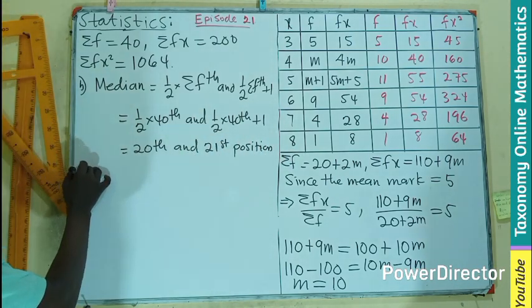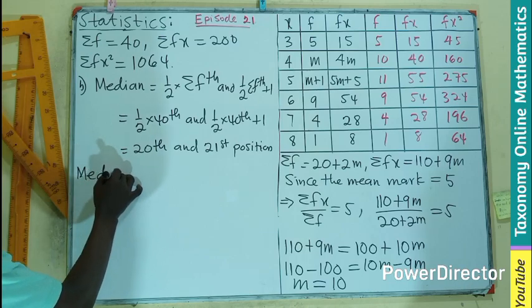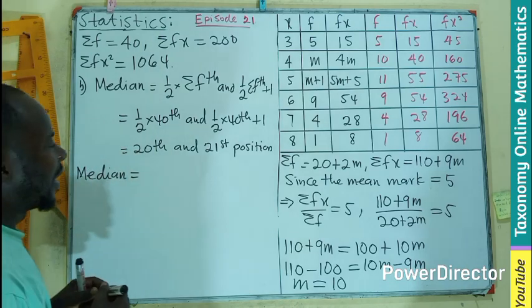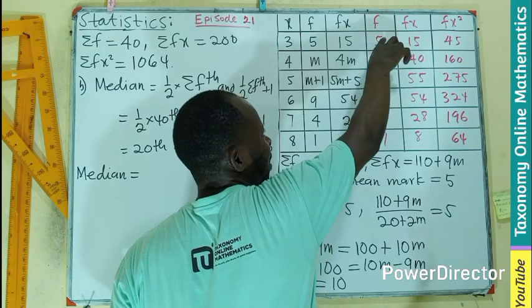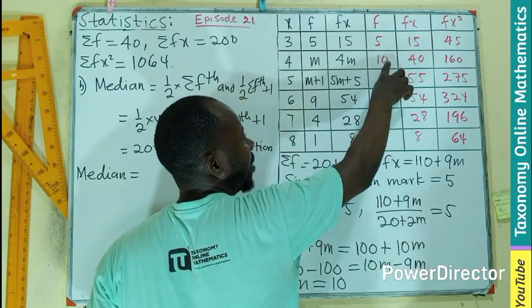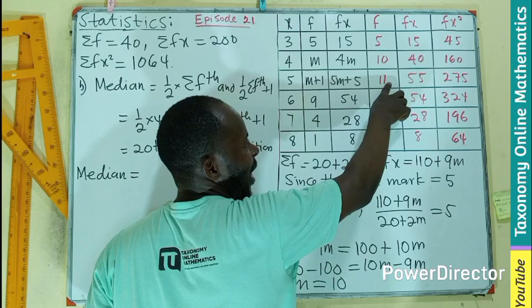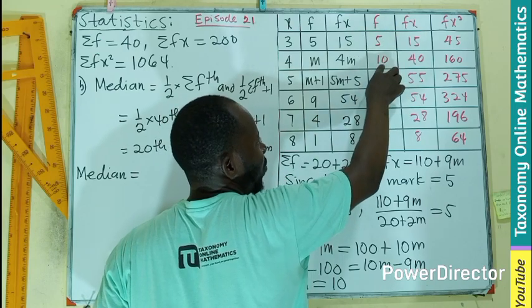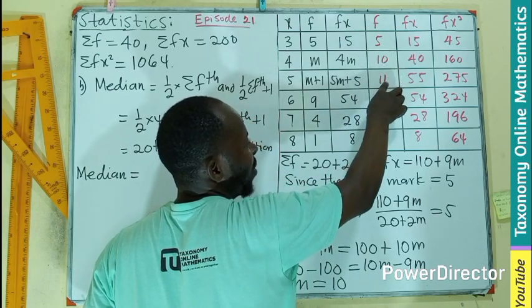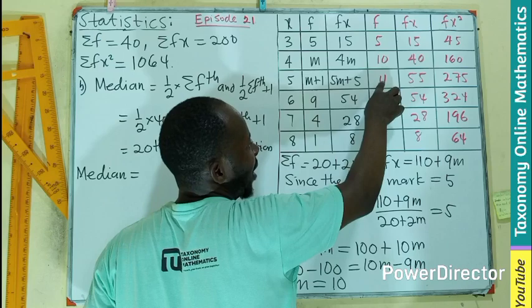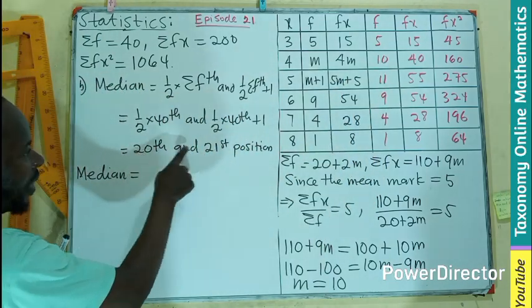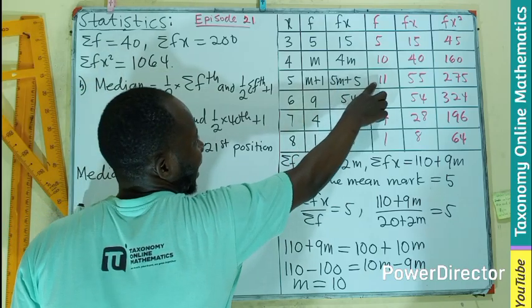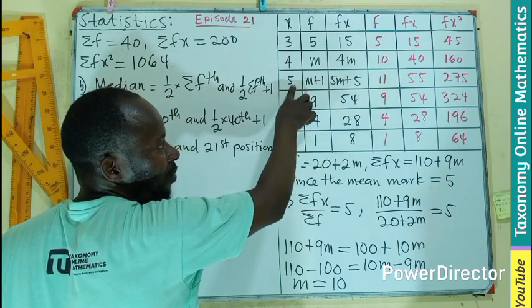So your median will be nothing but the 20th position. If you're adding from here, the frequency 15, this is going to be 20, right? This plus this is 15, so we have 26. So you're going to get both the 20th and the 21st position at this place, which corresponds to 5.